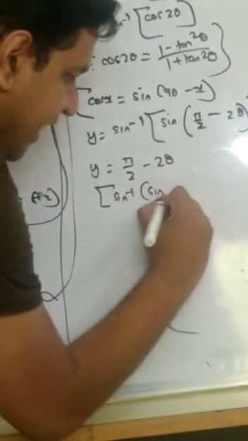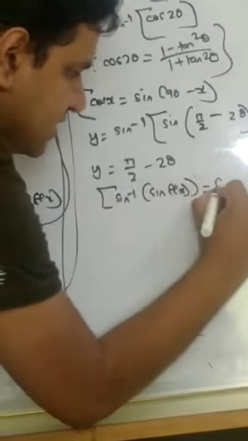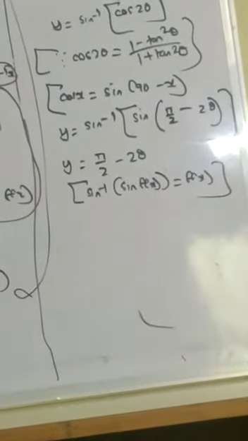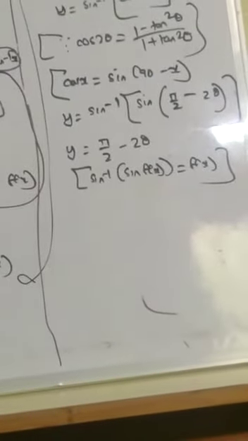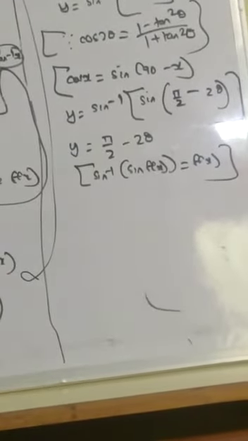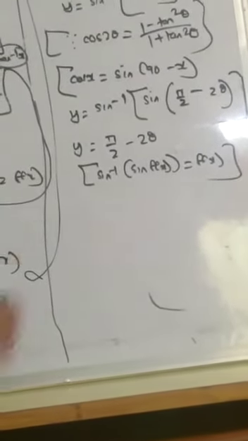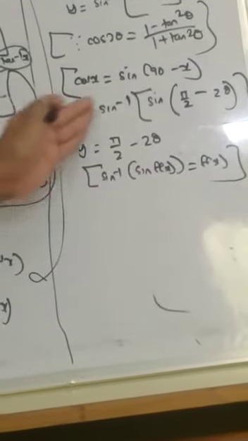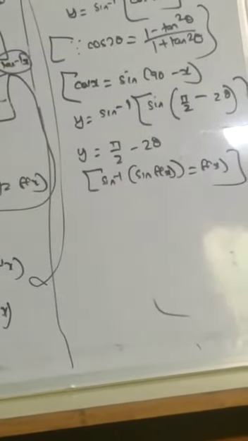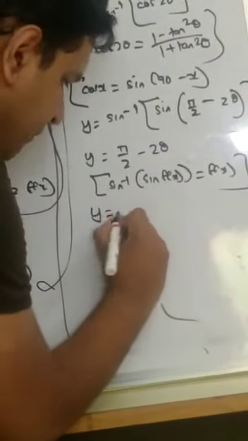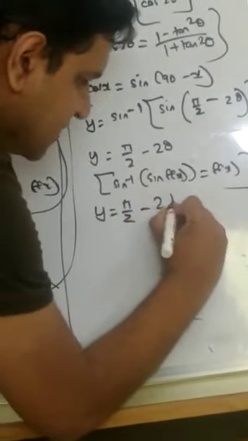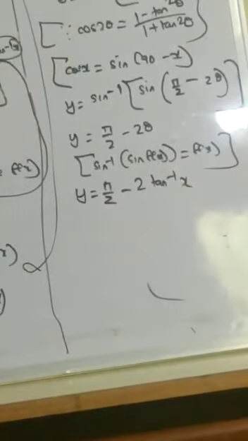Sine inverse of sine of any function is the function itself. Also, the moment I took x is equal to tan theta, I had seen theta's fate, which was tan inverse x. So I can substitute theta as tan inverse x in pi by 2 minus 2 theta. y is equal to pi by 2 minus 2 tan inverse x.